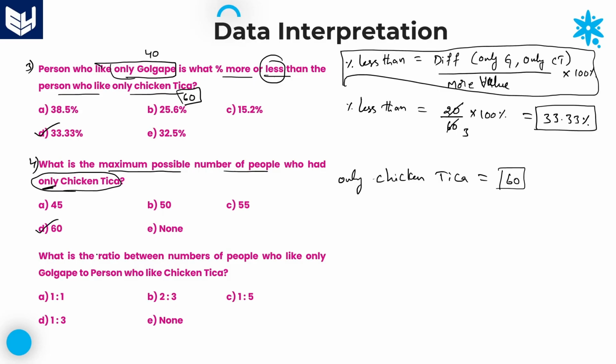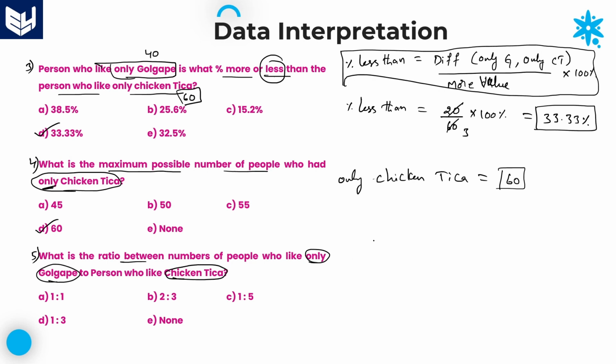Option D. Now look at the fifth question. See here, problem number 5, the last one. What is the ratio between the number of people who like only golgape to the number of persons who like chicken tikka?